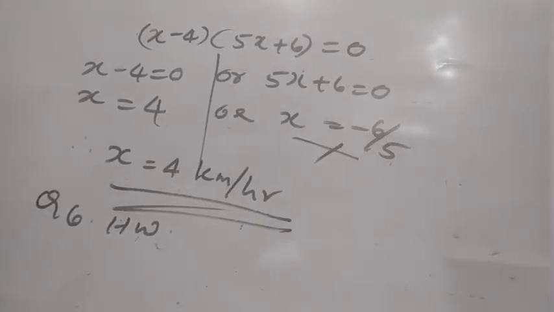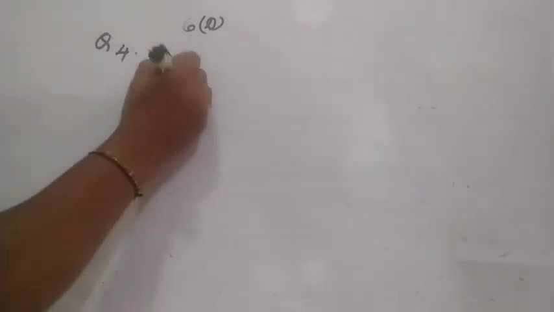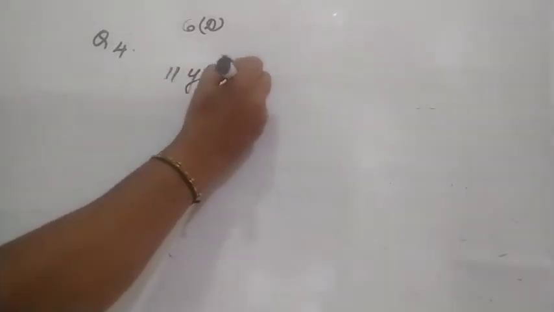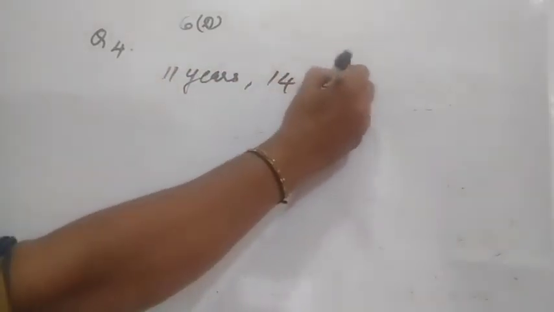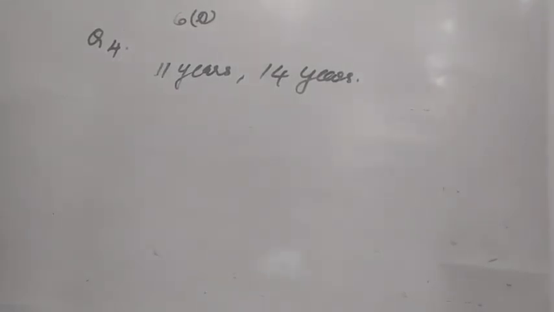Next is question number 4 from exercise 6D. The ages of two sisters are 11 years and 14 years. In how many years' time will the product of their ages be 304?